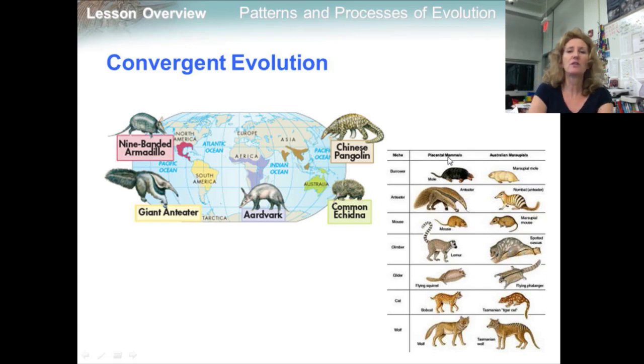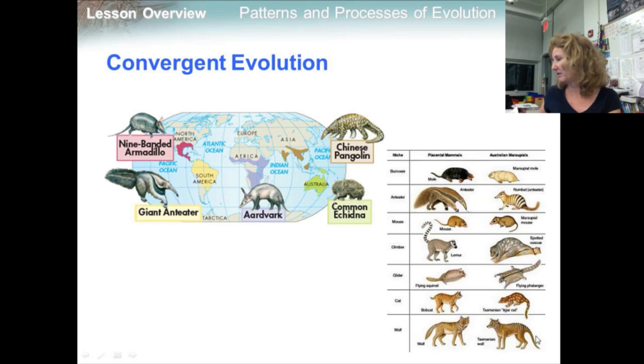Convergent evolution has occurred often in both plants and animals. For example, mammals that feed on ants and termites evolved five times in five different regions, as shown in this figure right here. They all developed the powerful front claws, long hairless snout, and tongue covered with sticky saliva that are necessary adaptations for hunting and eating insects.